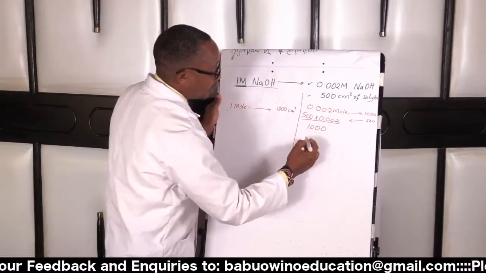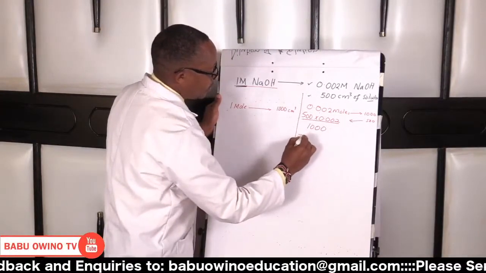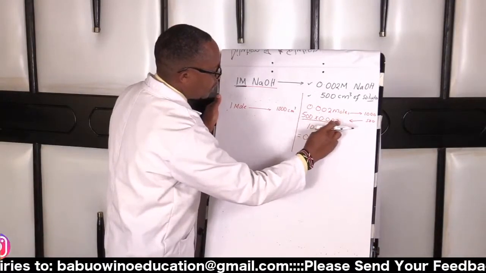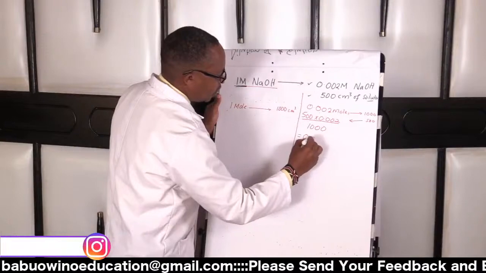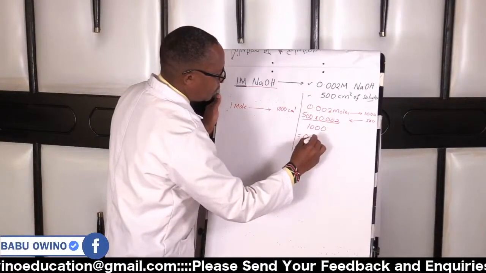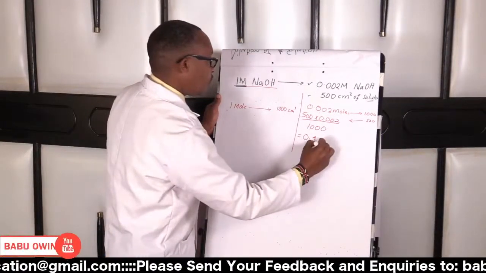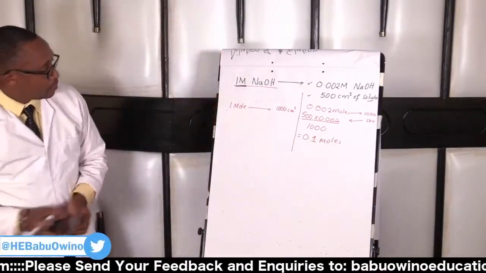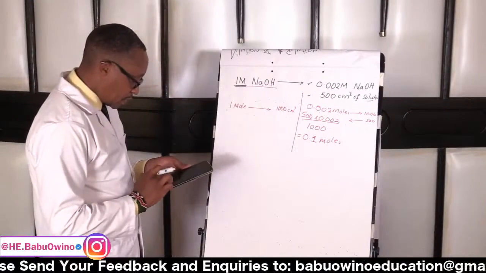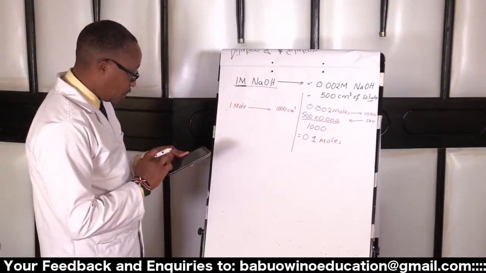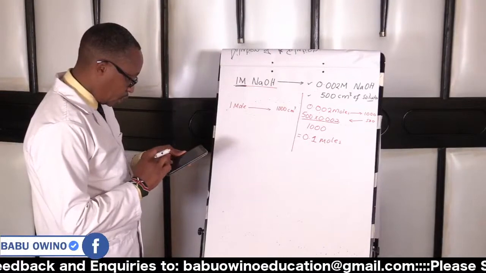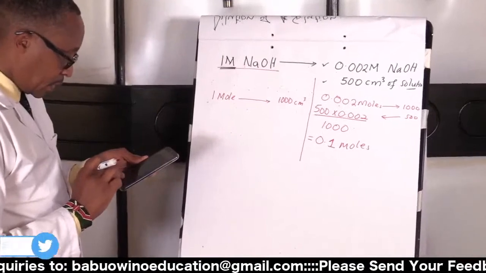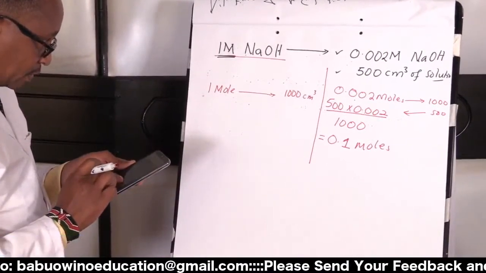This is 0.1 moles. Let me confirm, so that one doesn't give me trouble. 0.002 times 500 divided by 1,000.